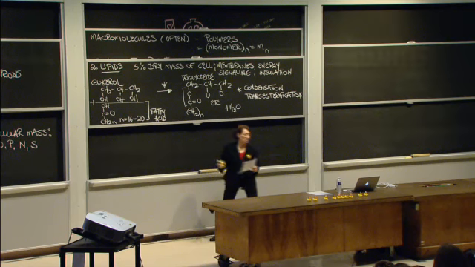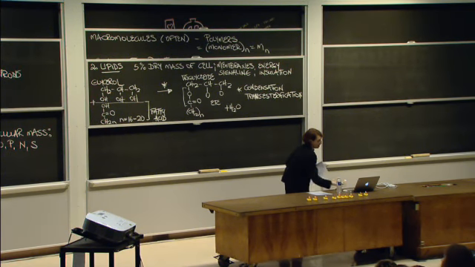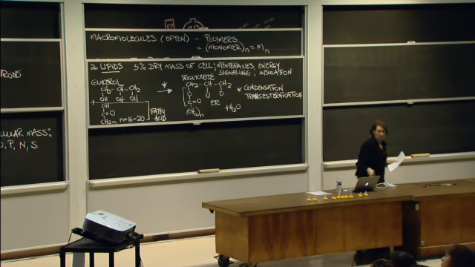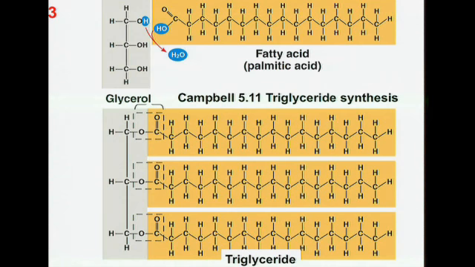I'll show you this in a moment, but let's take a look at a picture here so you can see what it actually looks like. Here's glycerol from your book, and here is a fatty acid, and here are the reactive species interacting to give you a condensation reaction and joining up the glycerol to the fatty acid.